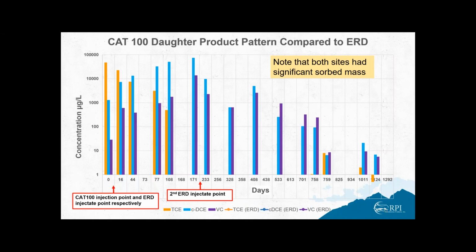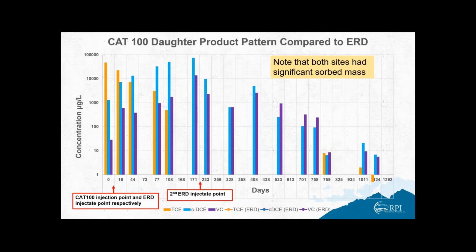So in front of you is TCE, DCE, and vinyl chloride for CAT 100 on a site with significant sorbed mass. So it's going to be hard to beat down all of those products as you keep getting mass bleeding off the soil from this 50,000 micrograms a liter concentration. I would also point out that the CAT 100 was injected one time. The EDR was injected at the same time in a different area, a different site, but that's where we're putting it on this graph.